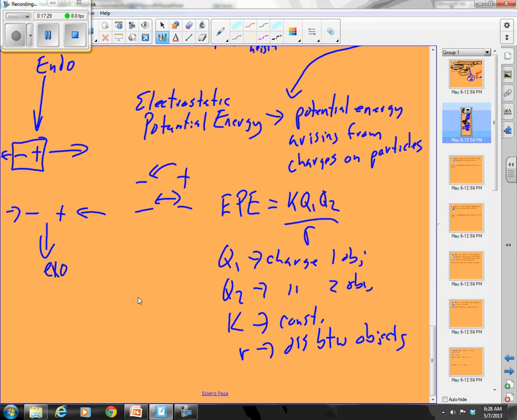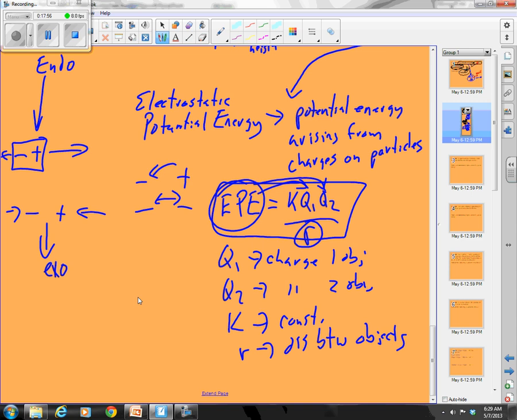So what this says is, if I've got two charged particles, the potential energy is inversely proportional to the distance and directly proportional to the charge on each of the objects.